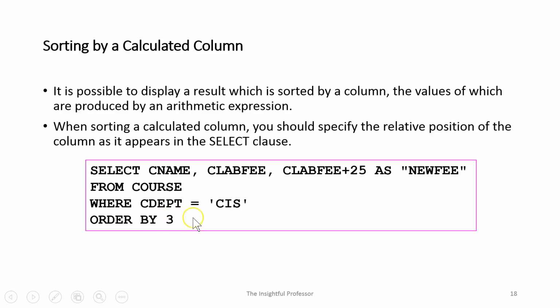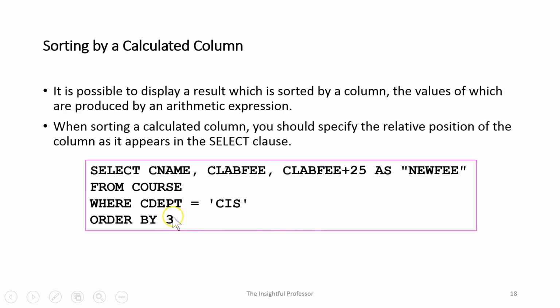I can use the position that the column appears in the left to right display sequence. C name is listed first, then there's a comma. C lab fee is the second column in the left to right display, then a comma. C lab fee plus 25, which will be renamed as new fee, is in the third position left to right, the third column in the select list.